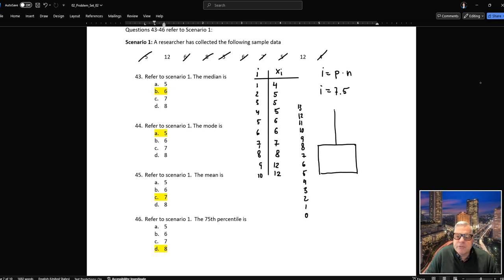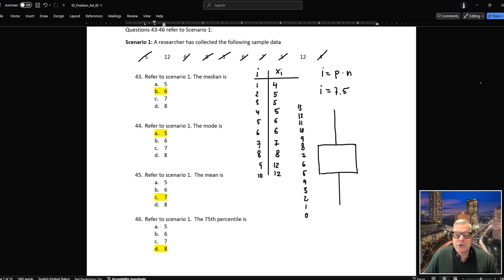So that would be one whisker, and the other whisker would go from 5 down by 1.5. That would be the whisker. And then we see we wouldn't have any outliers, nothing would be outside.